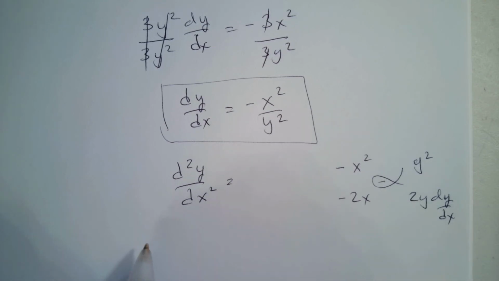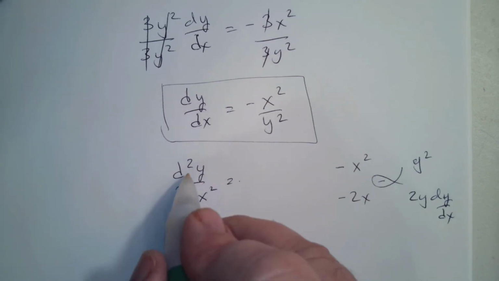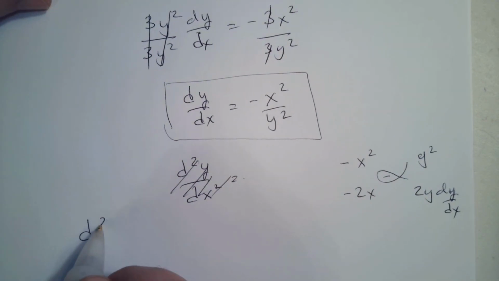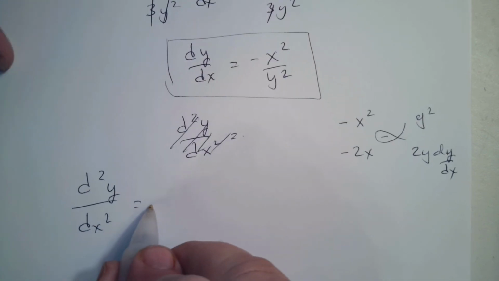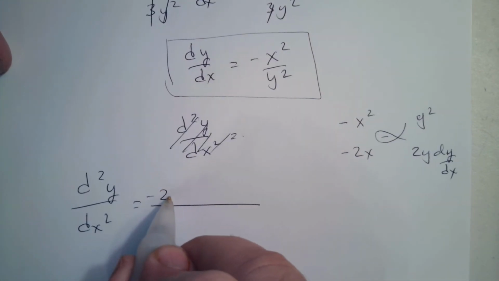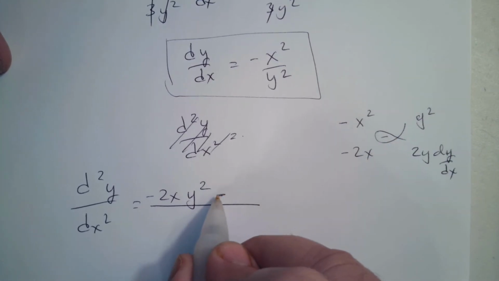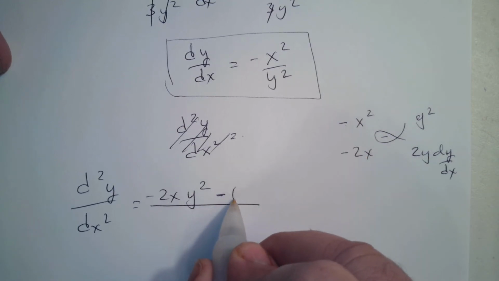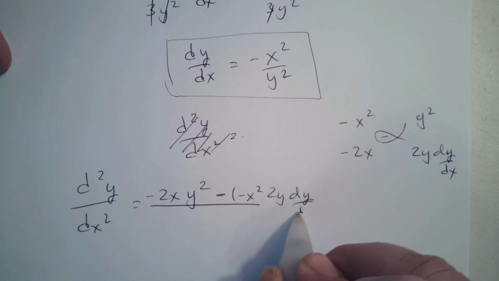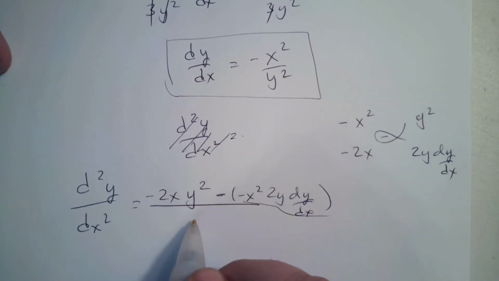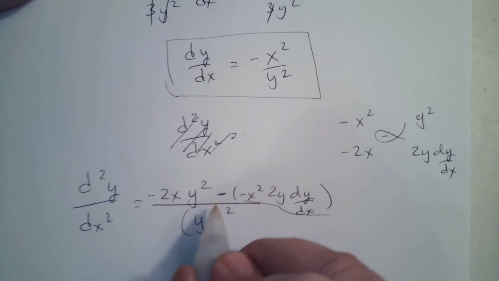So it's d squared y dx squared. So it's negative 2x times y, that's that, minus the negative x squared 2y dy dx all over y squared squared. So that becomes a plus.